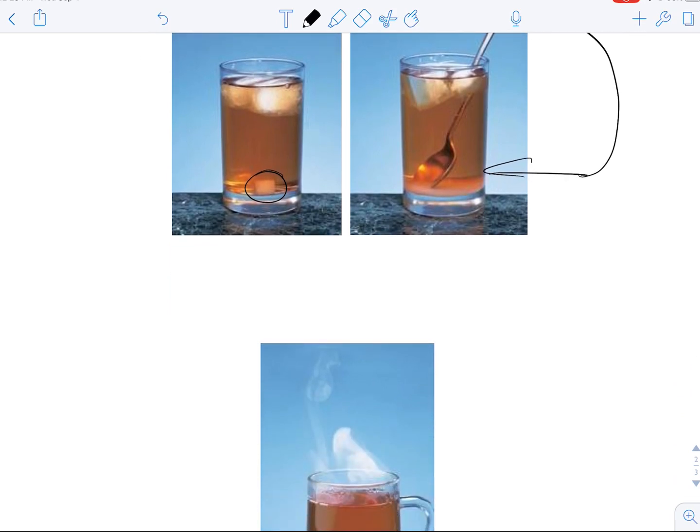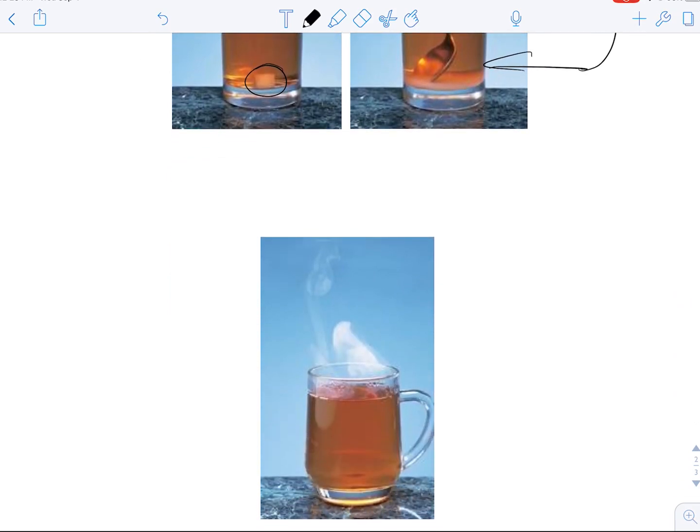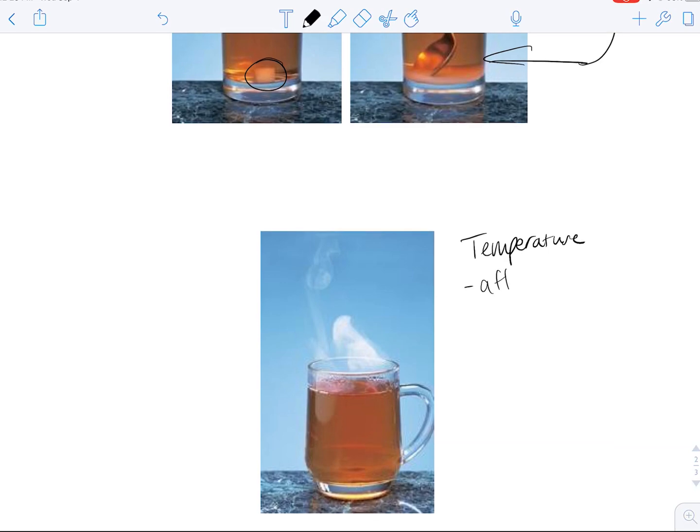Next thing we're going to look at is temperature. Temperature is going to have an effect on the extent of solubility along with the speed.